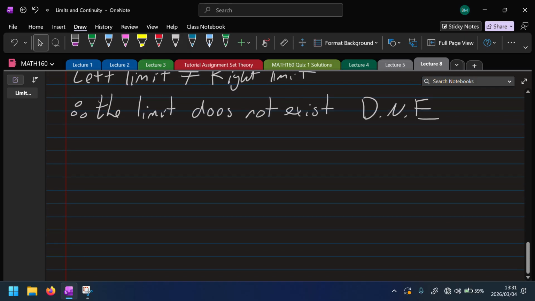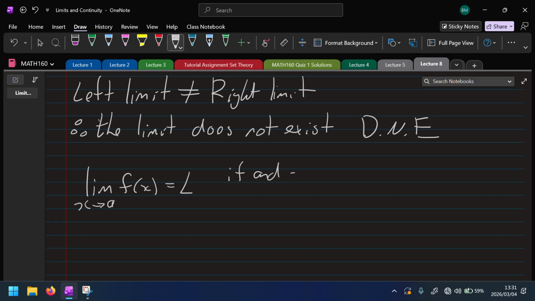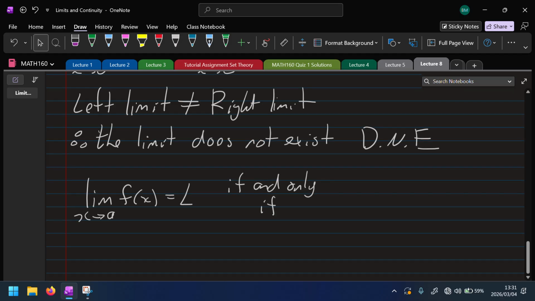Okay. So we can summarize what we've been doing so far. We can say the limit as x approaches a of f of x is equal to L. So the limit exists and has the value L if and only if, and then we have two conditions, well, one condition with an and.